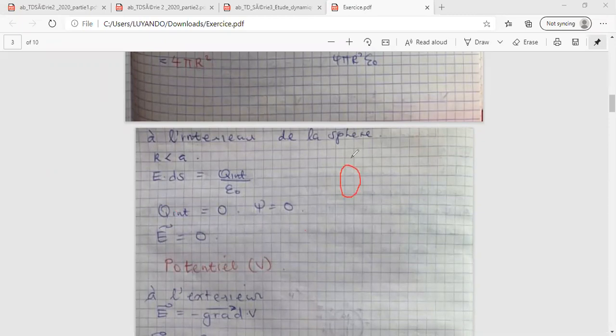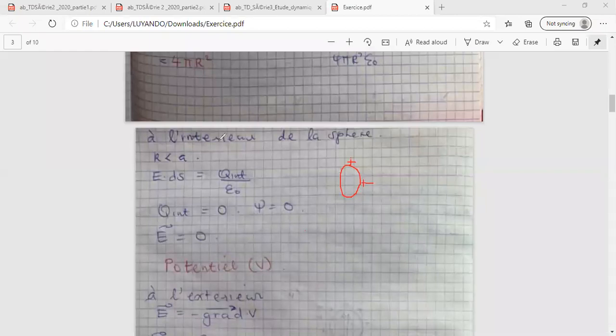So it's telling us that there are no charges inside, unless they tell you that there are charges inside. In this case, they have indicated that the charges are outside: it's positively charged on the surface. So here it's positively charged around.